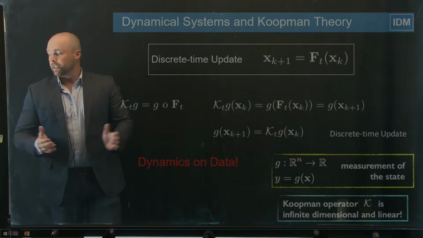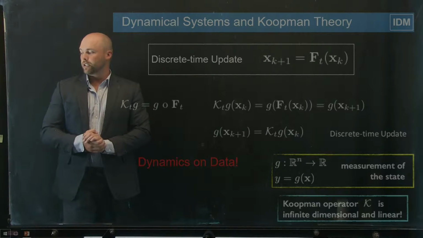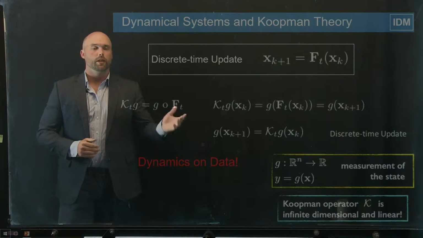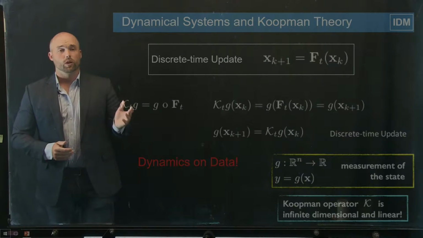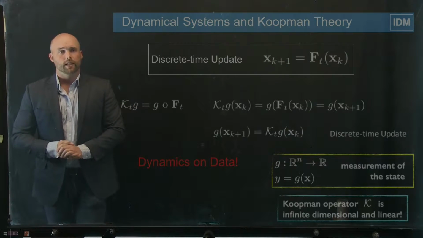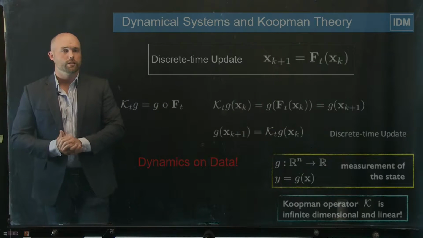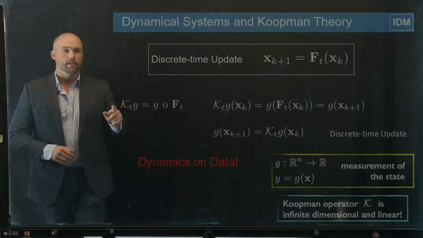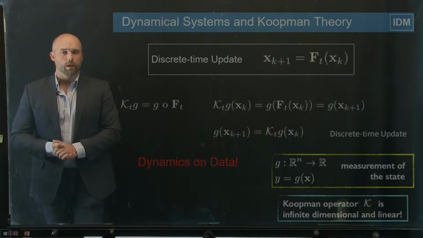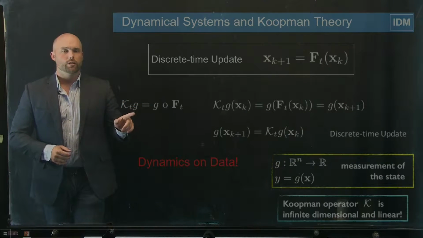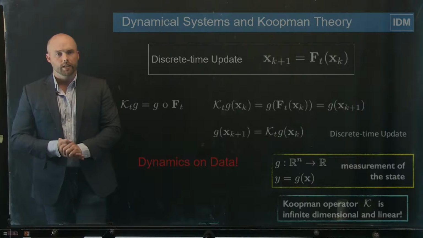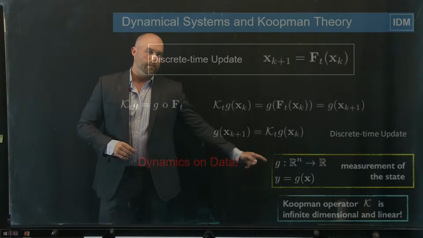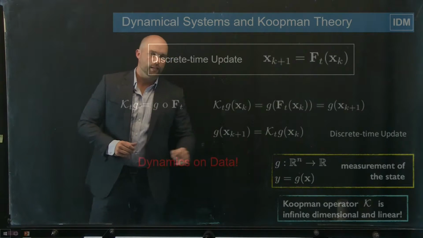So instead of looking at these complex high dimensional nonlinear systems, we actually take an operator theoretic point of view. This is where Koopman operator theory comes in. Instead of looking at how this nonlinear system evolves, we actually look at how this linear operator K, called the Koopman operator, acts on scalar valued functions g, and these g's are described as measuring something of the state.